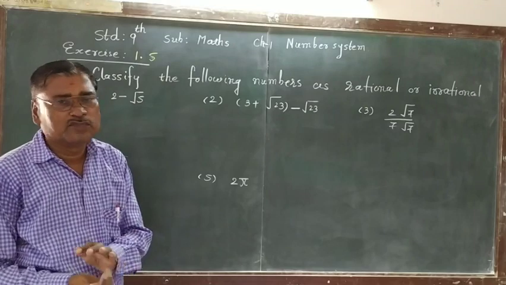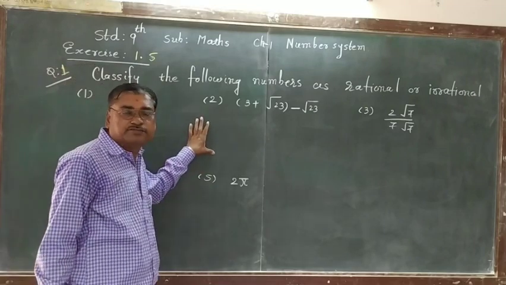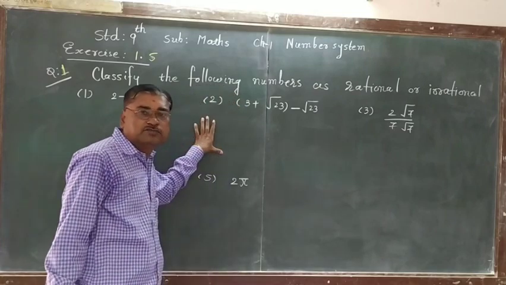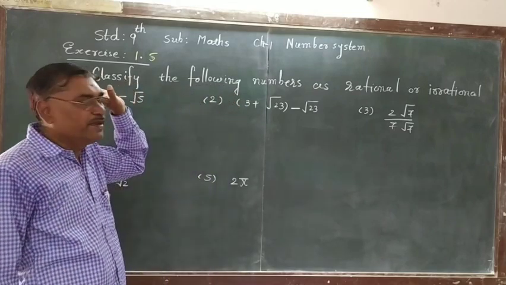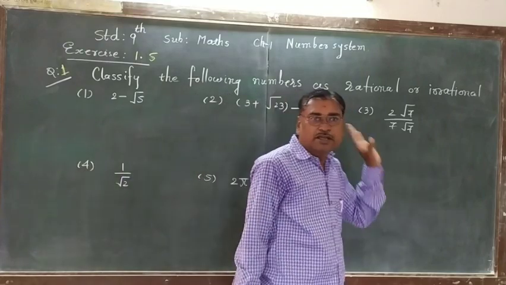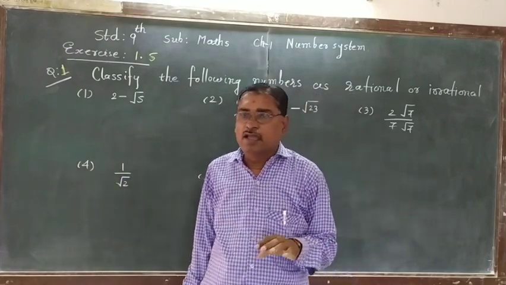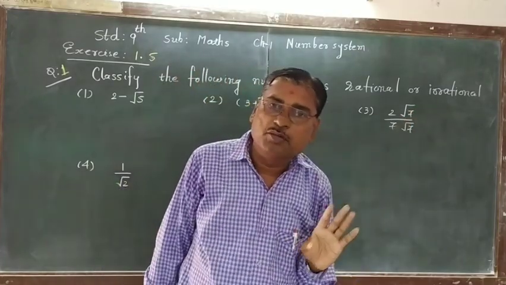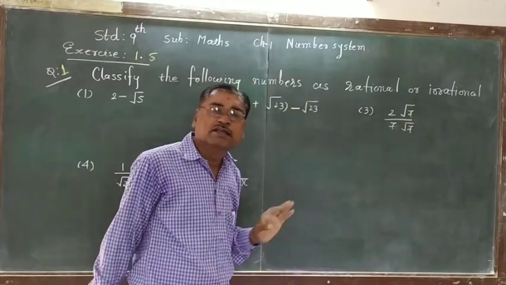But let us revise here. The number which can be represented in the form p upon q is called a rational number, and the numbers which are not rational are called irrational numbers. We have already discussed this.